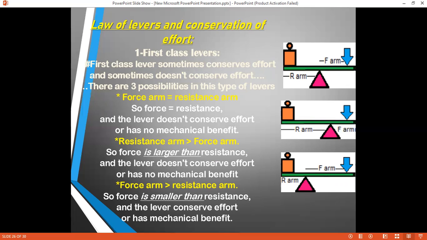Then force is smaller than resistance. If I apply a small force, this type of lever will conserve effort. Got it? Yes. So the lever conserves effort and has mechanical benefit.